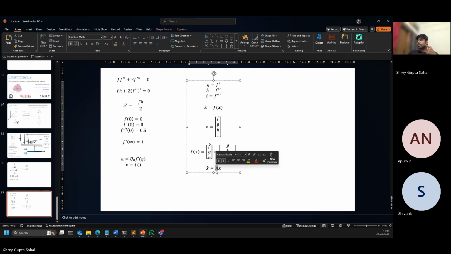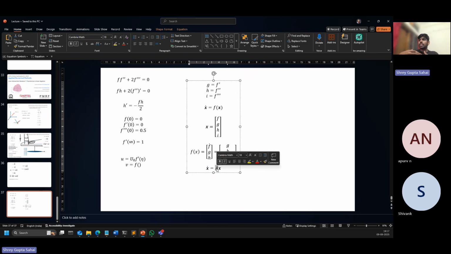So this A decides how your system evolves, if it is a stable system or an unstable system, something like that. And again, that will be a matrix property. So a linear system can be represented by this A matrix. That is what I want to point out.